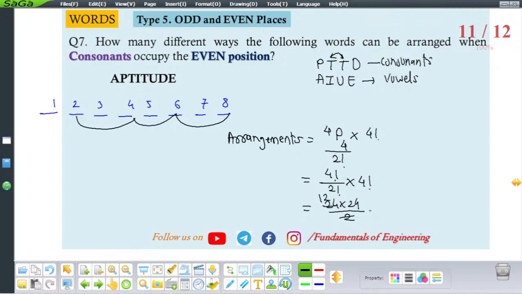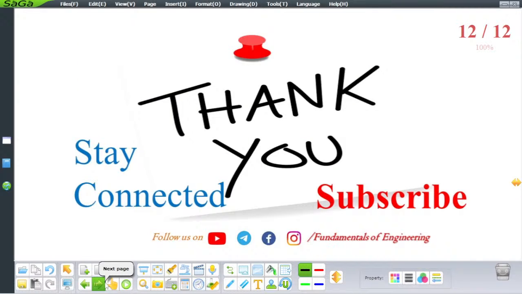So 12 into 24, which we have calculated earlier, 288. That is the answer. So the word APTITUDE can be arranged when the consonants occupy the even positions in 288 ways.